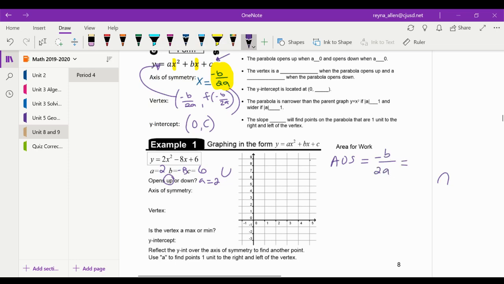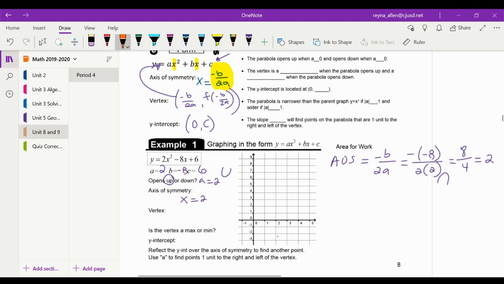So negative b, it's negative 8 divided by 2 times a. Negative 1 times negative 8 is positive 8. 2 times 2 is 4. 8 divided by 4 is 2. So what that means is there's going to be a line that runs through 2. So we would say our axis of symmetry is 2.